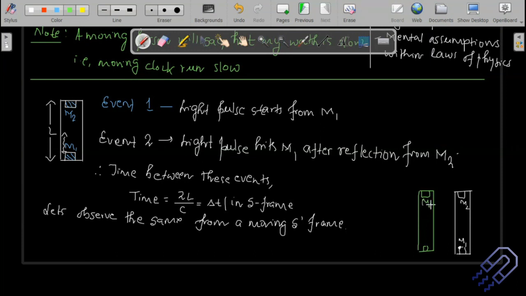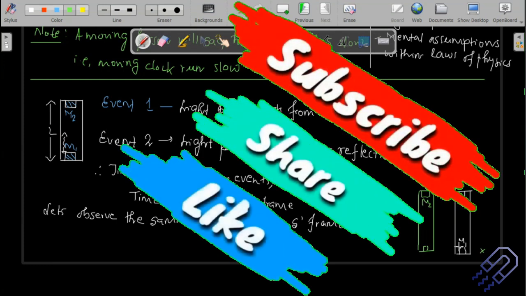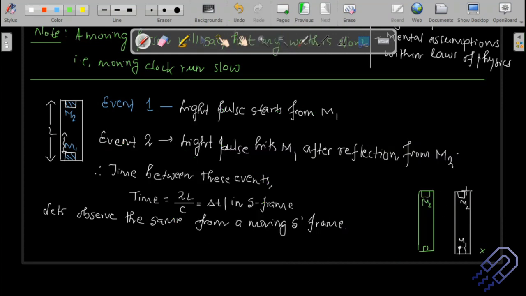Initially, when I was inside this frame, I know the light pulse goes up and down, and I don't observe any movement. Now I'm outside, somewhere here, and the frame is moving in this direction. The light pulse leaves at a point, but by the time it reaches M2, this entire frame has already moved here.